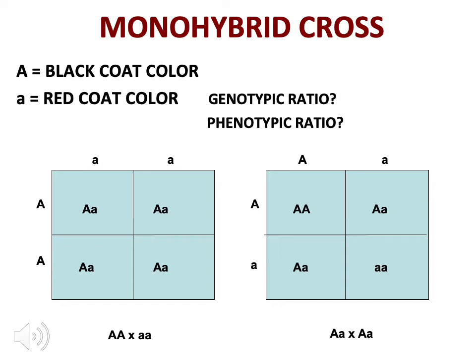Now let's take a look at the two boxes I have down there. Each of those is a Punnett square. Let's take a look at the one on the left. Now the one on the left shows me what would happen if I were to mate a homozygous dominant guinea pig with a homozygous recessive guinea pig. Take a look at the little designation below the Punnett square.